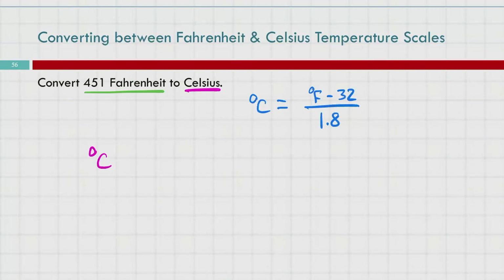So degrees Celsius equals 451, the temperature that paper catches on fire, allegedly, minus 32 over 1.8. So let's see what temperature Celsius paper burns. Go ahead and put that in your calculator, give it a shot.